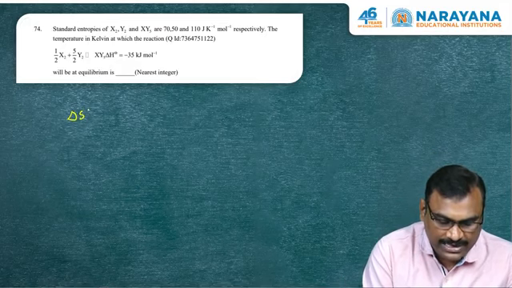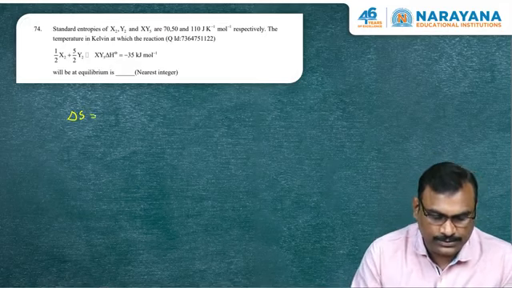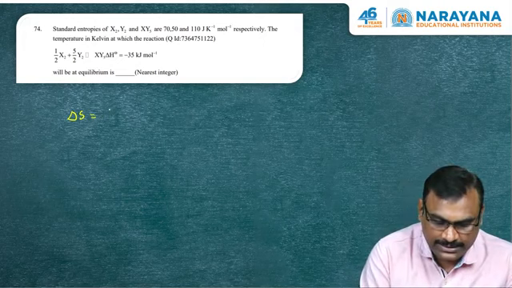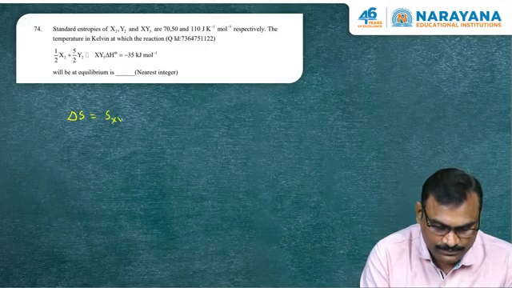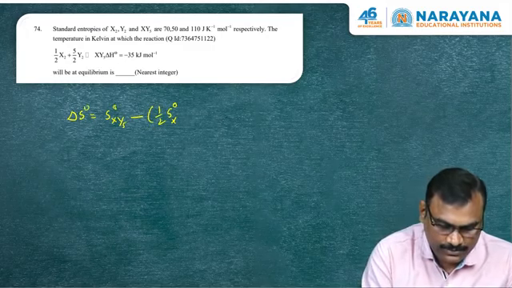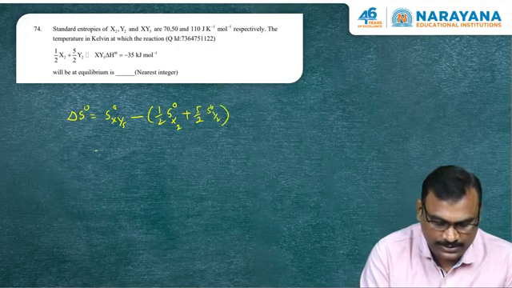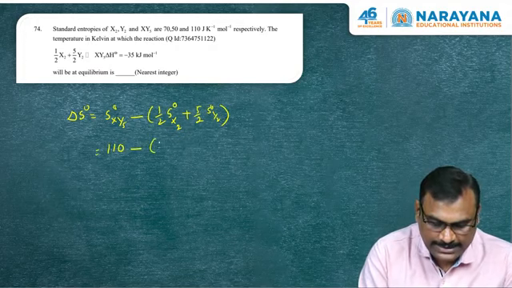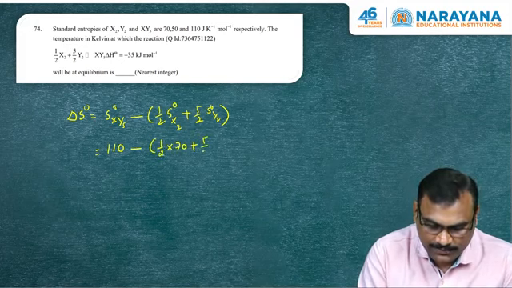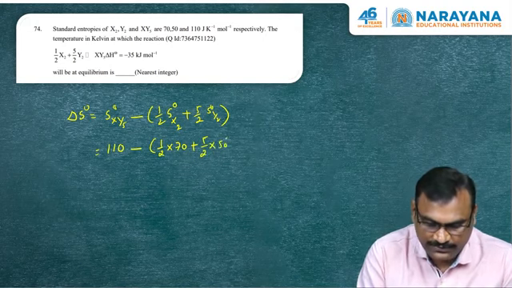The change in entropy of the reaction is equal to the standard entropy of the product minus half into entropy of X2 plus 5/2 into entropy of Y2, that is 110 minus half into 70 plus 5/2 into 50.